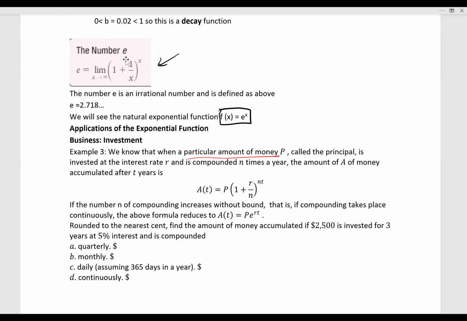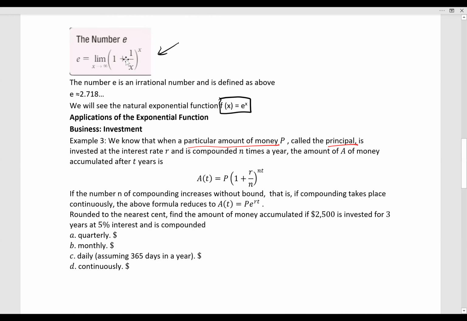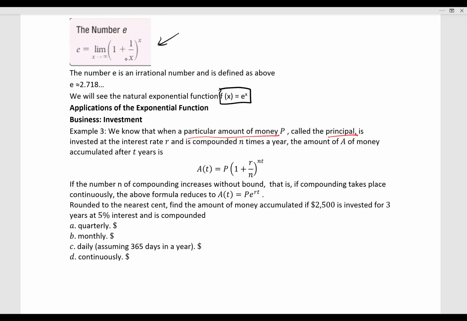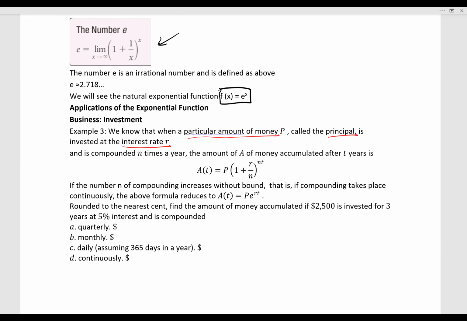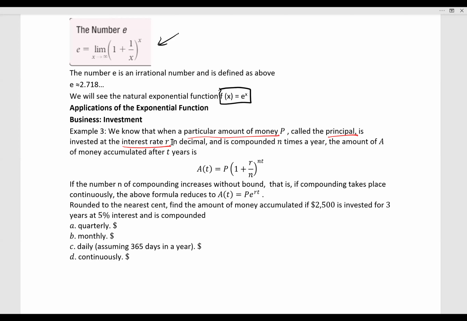And P is a particular amount of money, or principal. The r in here is the interest rate. I would like to add something for this: the interest rate in decimal number. Maybe they give you an interest rate in percent, but you have to change it to decimal.